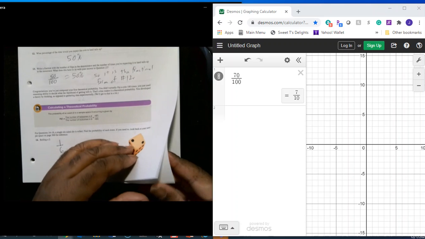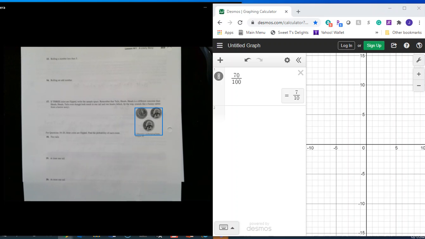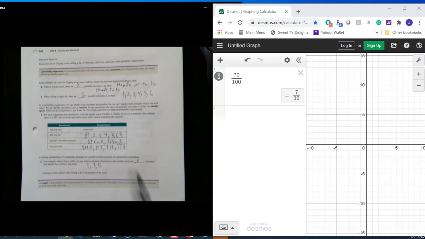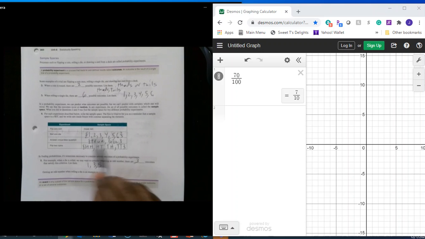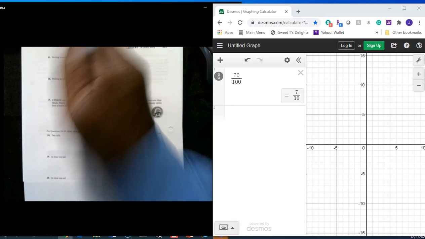And that's basically it. Now we come here to the back. It says rolling a number less than 5. Okay. So if we look back here, all the numbers less than 5 is 4 of them. So that would be 4 out of 6.